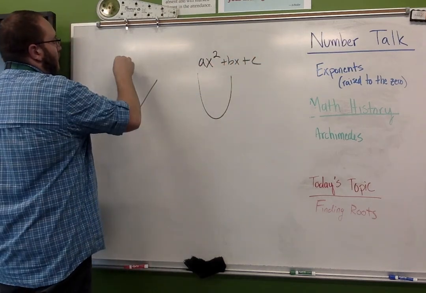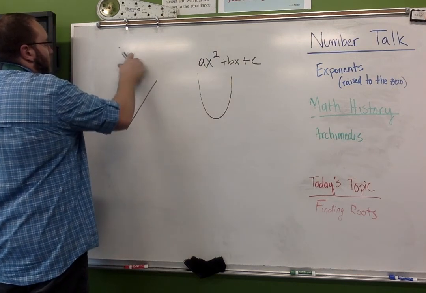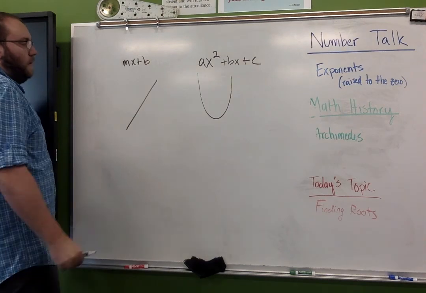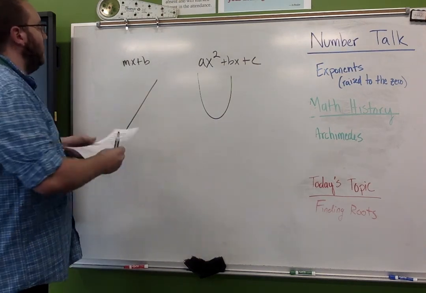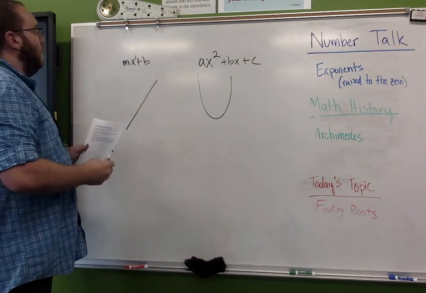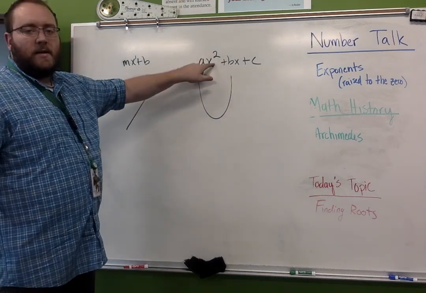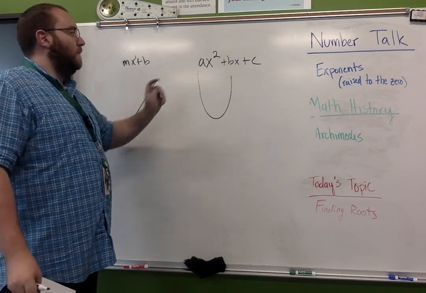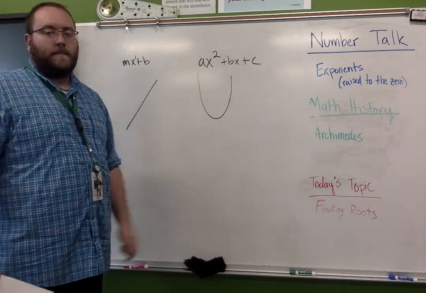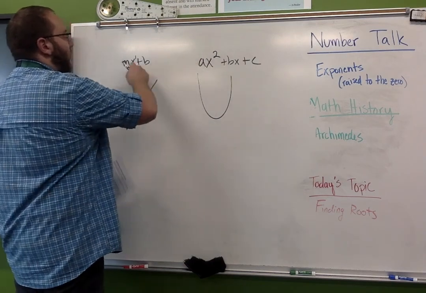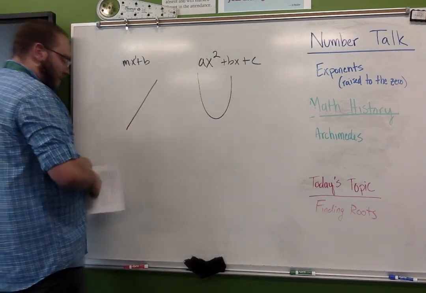Lines are of the form mx plus b, right, your slope, y-intercept. So you've done linear. You've also done quadratic, so 1, 2. This year we're looking at graphs of degree 3 and bigger. So remember, degree is the biggest exponent of your polynomial.